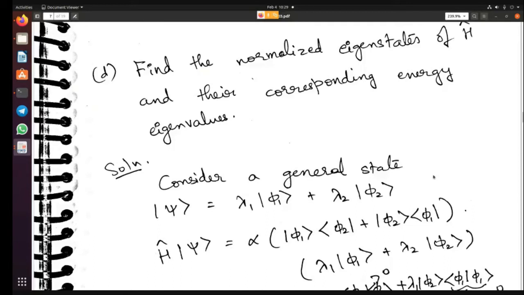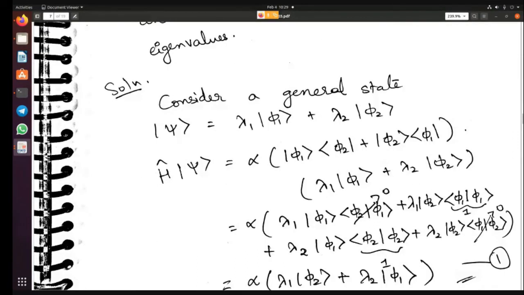If you have the operator H act on psi, what will you get? This is the operator H and this is your vector psi. If you do the computations using the orthogonal and orthonormal properties, you can simplify all of that.